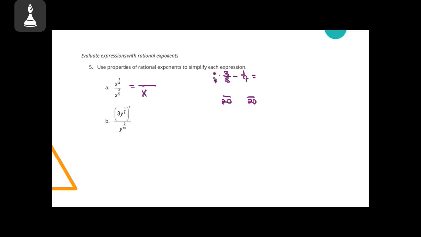So 12/20 is equivalent to 3/5. And I'm going to turn 1/4 into 20ths by multiplying by 5s. So 5/20. So 12/20 minus 5/20, this is our label, is 7/20. They are like terms, so I can do the subtraction. So there is a 7/20 exponent on the x.